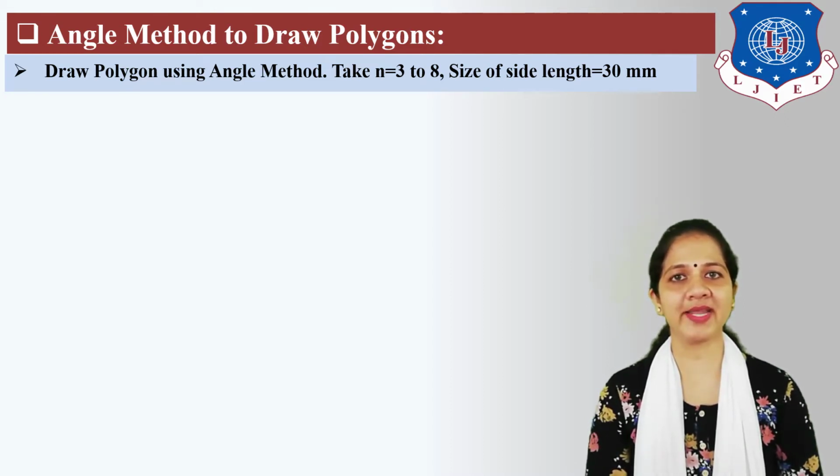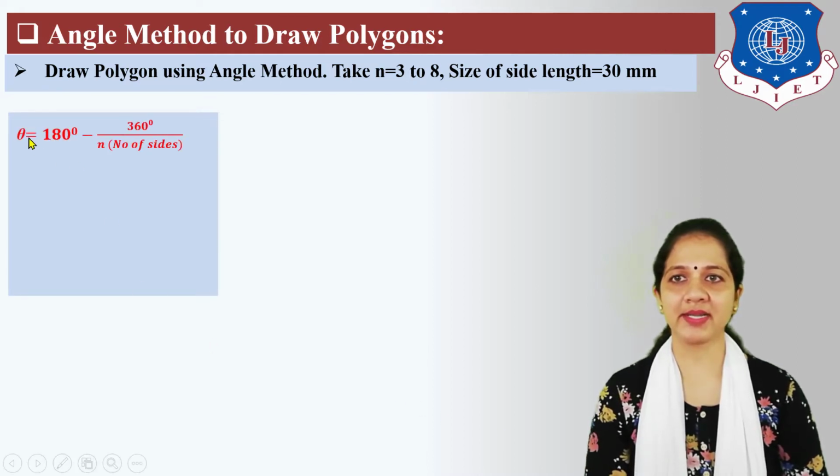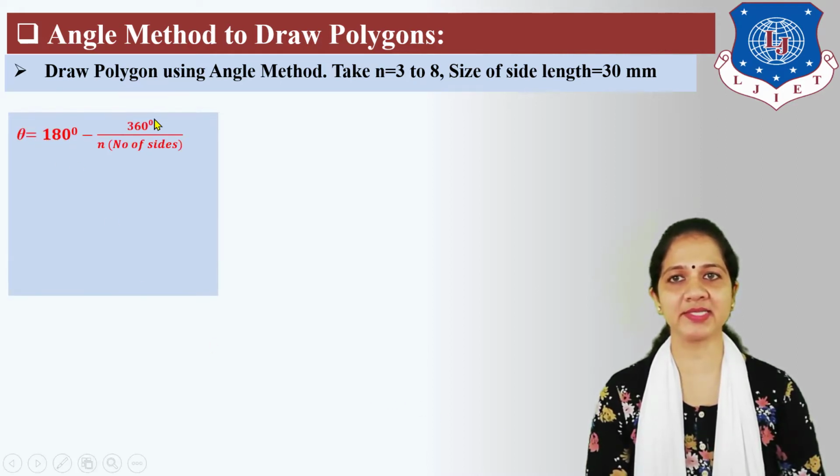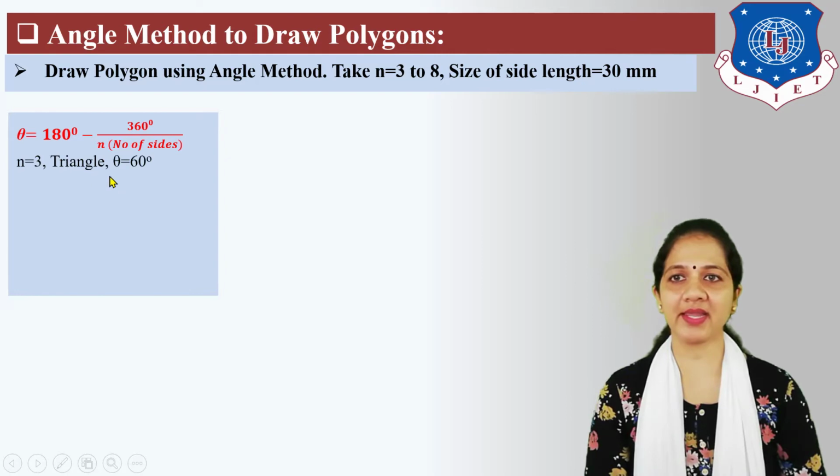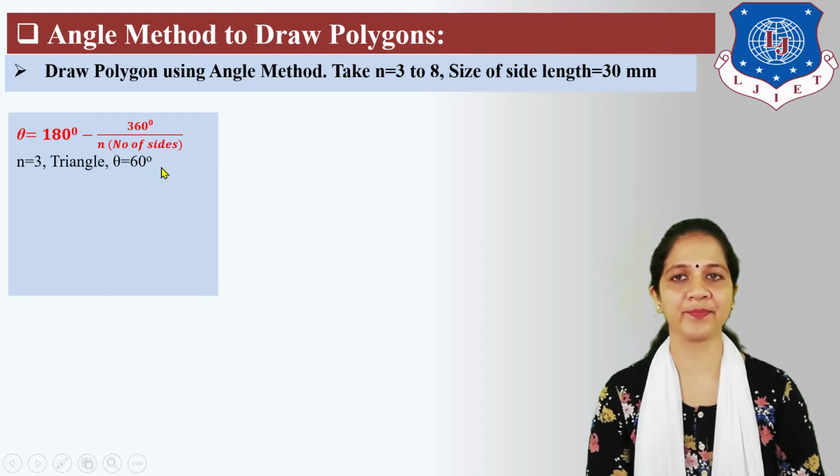Here, for finding angle value of any polygon, we have to use common formula which is theta is equal to 180 minus 360 divided by n. N is equal to number of sides. If n is equal to 3, polygon is triangle, theta, angle between two sides is 60 degree.